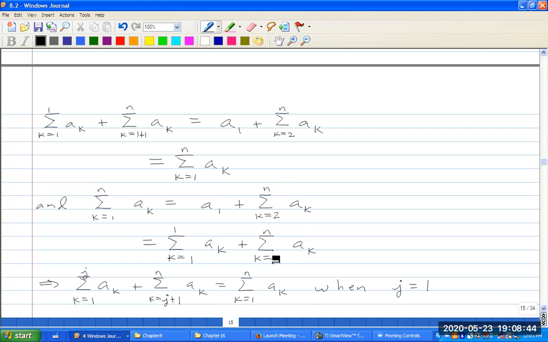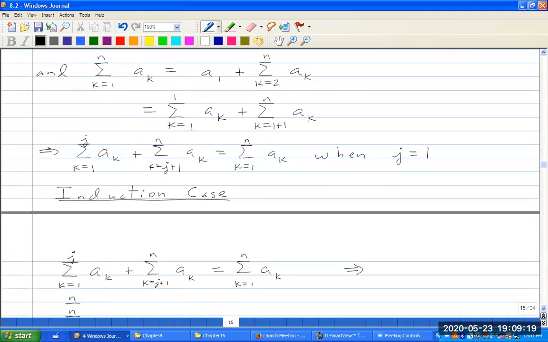So this is the same as the sum k equaling 1 to 1 of a sub k plus the sum k equaling 1 plus 1 to n of a sub k. So we've shown that the sum k equaling 1 to j of a sub k plus the sum k equaling j plus 1 to n of a sub k is equal to the sum k equaling 1 to n of a sub k when j is equal to 1.